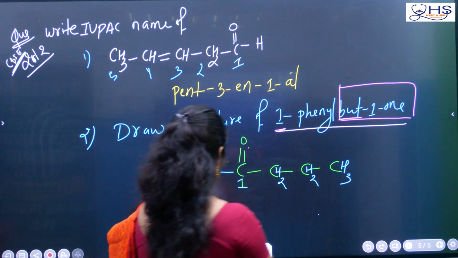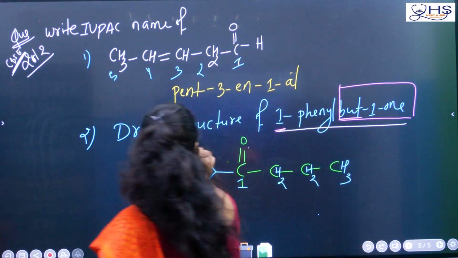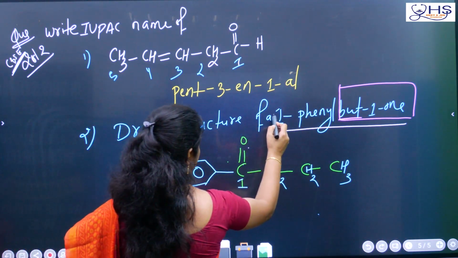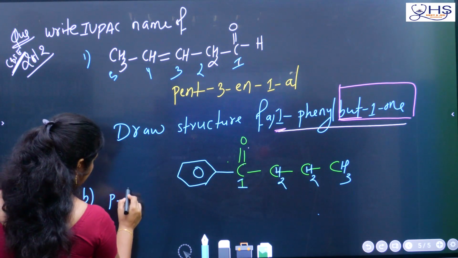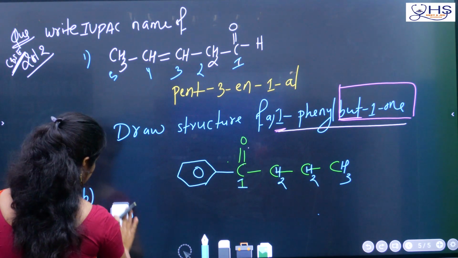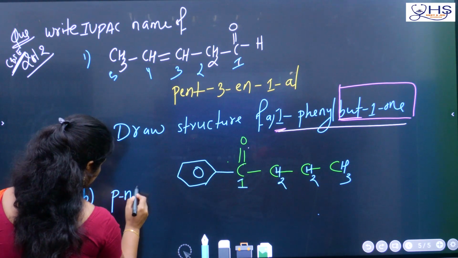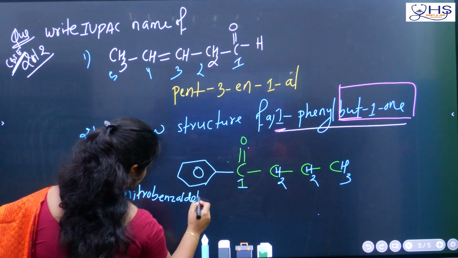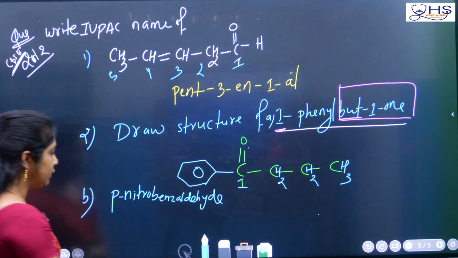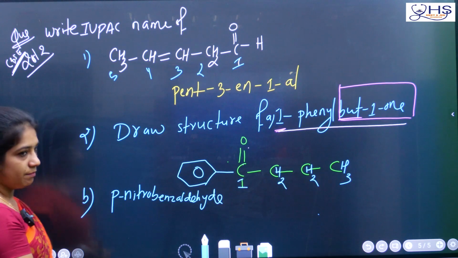So, we will practice some more questions here. Same draw structure, same pattern. This is a. Now, second, B. This already came in board exam: para-nitrobenzaldehyde. So, these questions are previous year board questions.